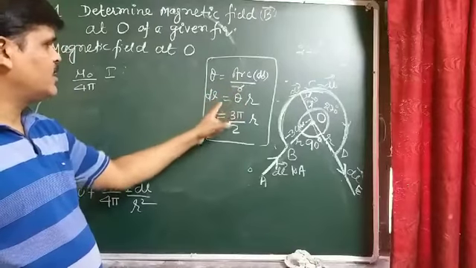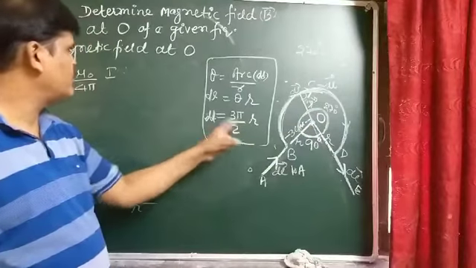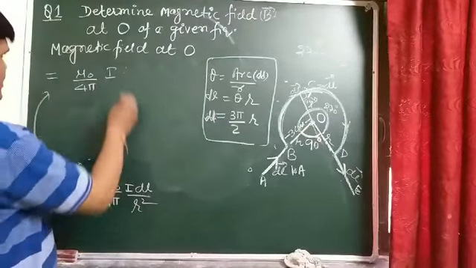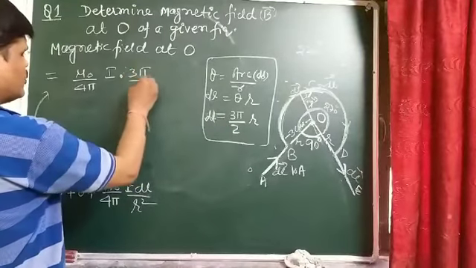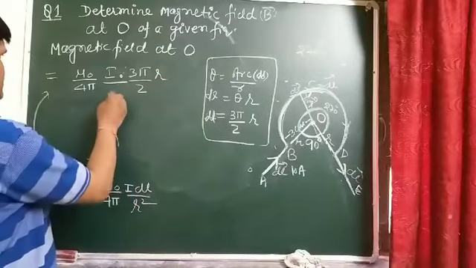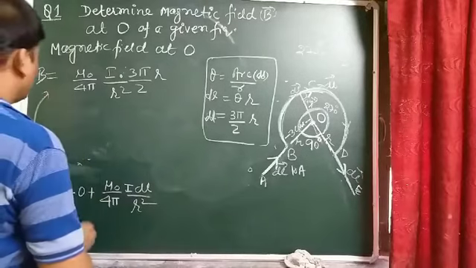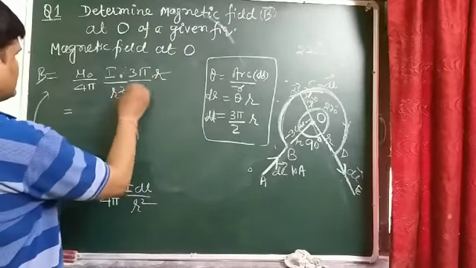So dl is theta into r, and theta is 270, that is 3 pi by 2, into r. Putting the value in place of dl, we write 3 pi by 2 into r, and this will be r square. So the total magnetic field at O comes out to be this, and this r cancels out.